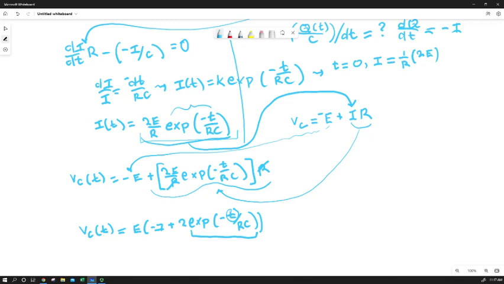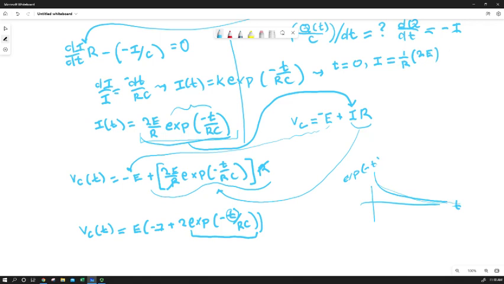Next, I'm going to say, what if I let t equal infinity? Steady state, very, very long time. That everything's charged or as discharged as it's going to get. Nothing's going to change with time at that point. That's what steady state is. So I would put infinity in for t. So what do I know again about the negative exponent function? As t gets really, really big, the curve looks like this.